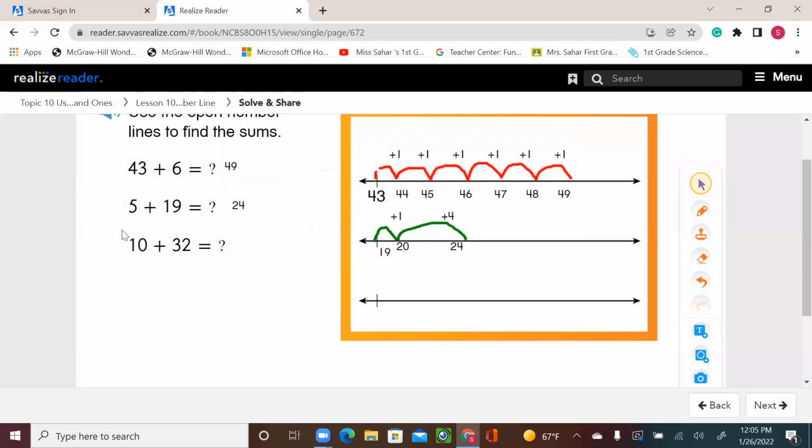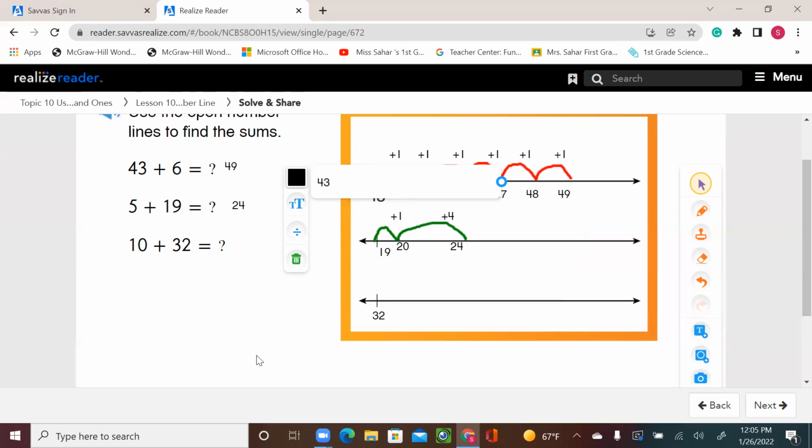Third question, 10 plus 32. I'd like to start with 32. So I'll put 32 here, plus 10. I'm going to make one jump. I don't need to break it into fives or small jumps. I'm going to add 10. So I know my tens digit is 3, and 3 plus 1 is 4, so 42.